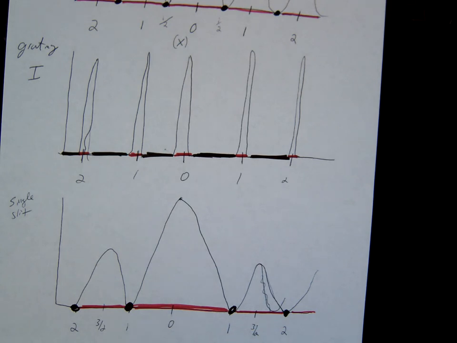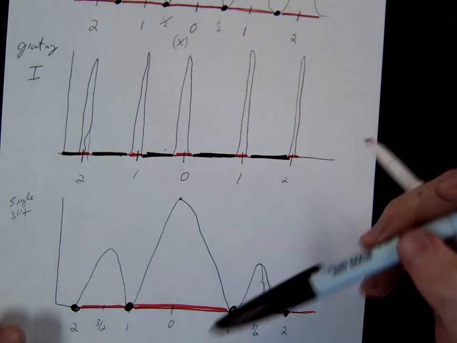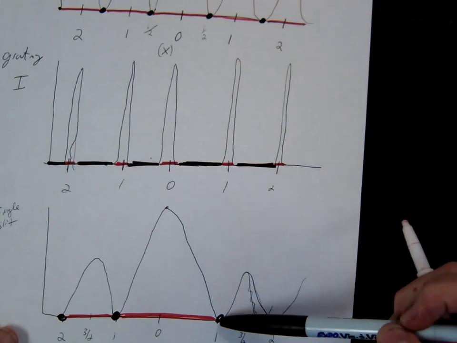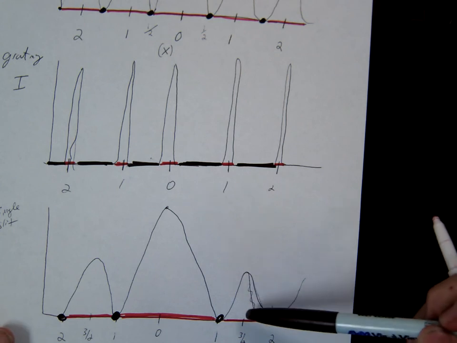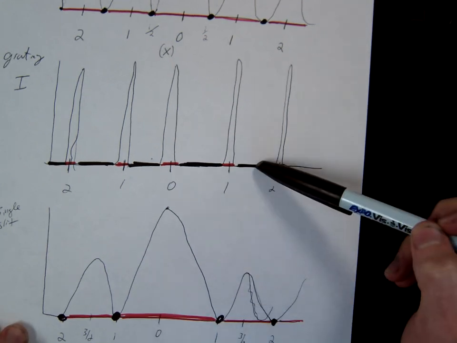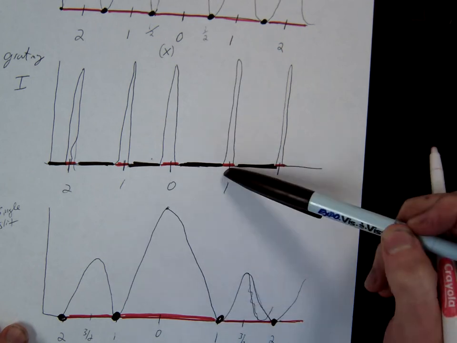Notice visually it looks a lot like the double slit, except it's kind of expanded a little bit, where the first dark doesn't occur till 1, and then it alternates. So when this is a bright spot, this is a dark spot. And when this is a dark spot, this is a bright spot, and so forth.